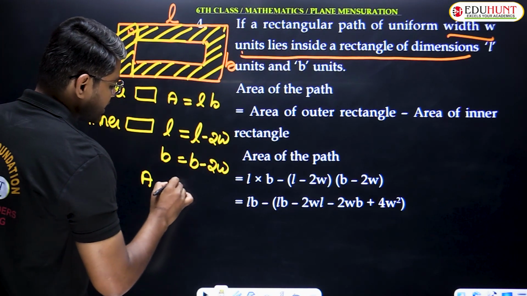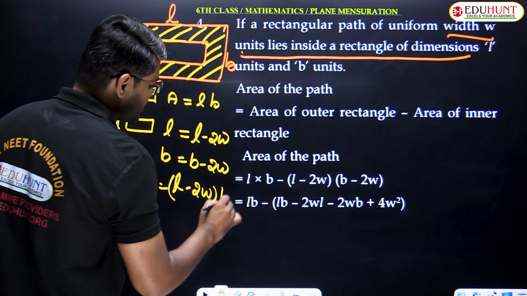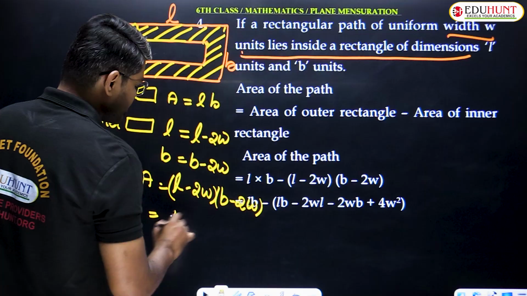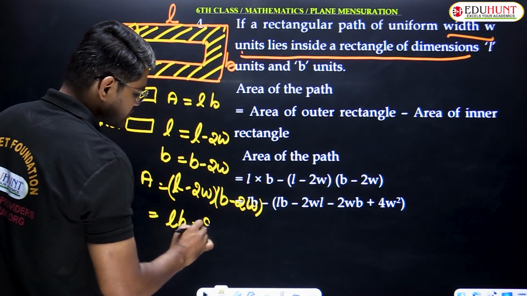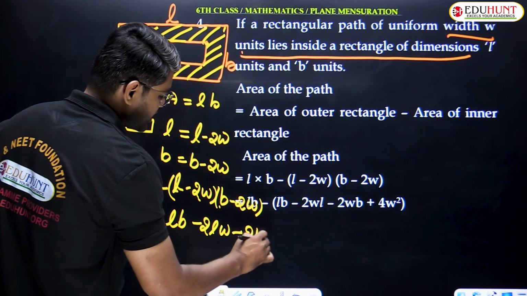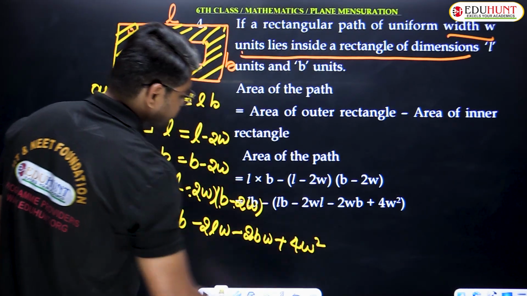Area is equal to L into B. So L minus 2W into B minus 2W. Now multiply these two. L into B, LB minus 2LW, minus 2BW, minus into minus plus 4W square.